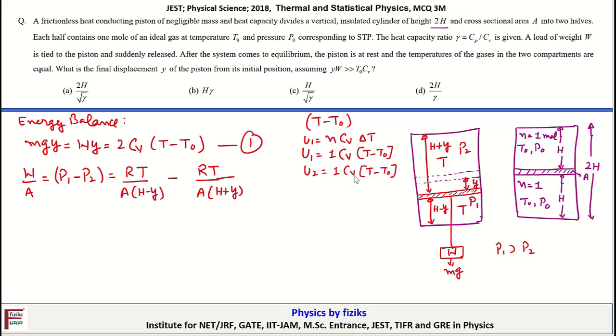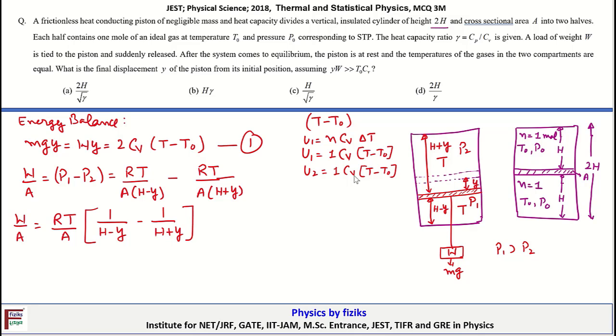So we can rewrite this as W by A equal to RT upon A, taking common terms outside, into 1 upon h minus y minus 1 upon h plus y.